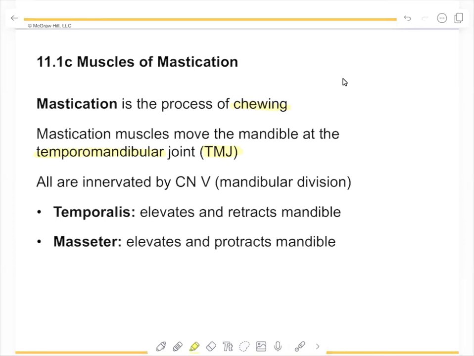But the temporalis muscle, which is on the temporal bone, elevates and retracts the mandible. The masseter also elevates the mandible, but it protracts the mandible instead. So the temporalis would pull it backwards, retraction, and the masseter would protract the mandible.